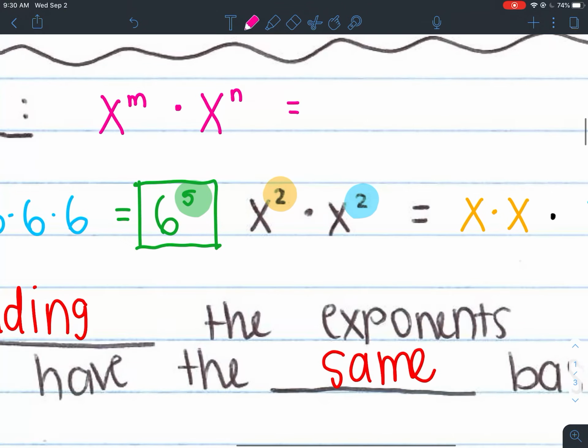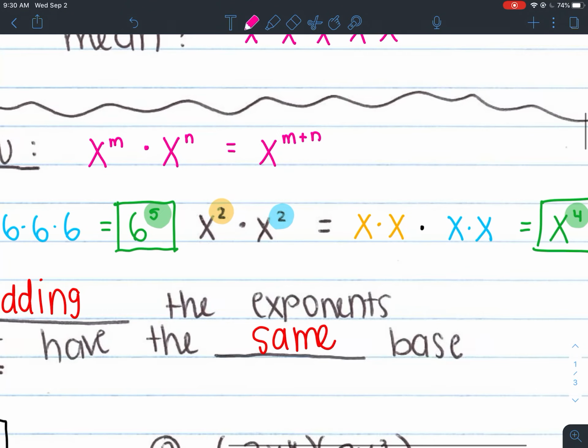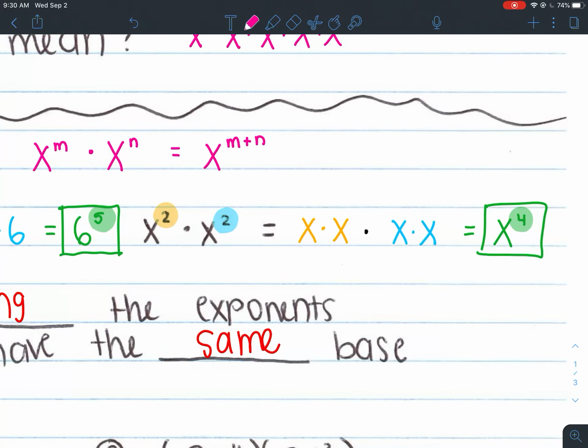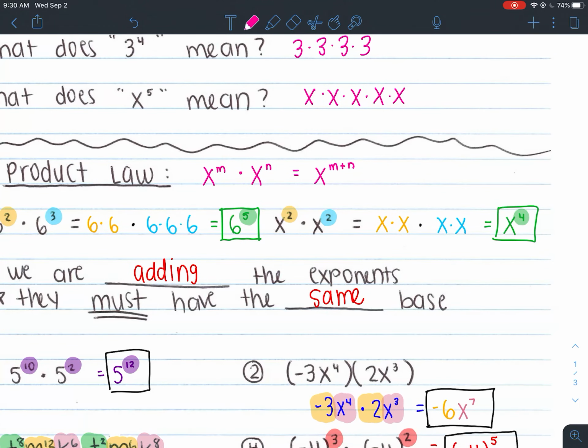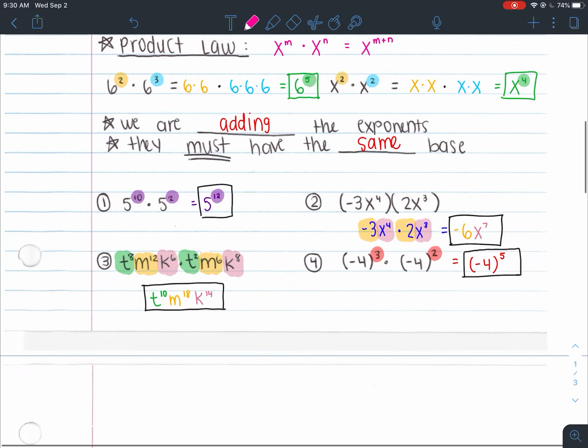I add them. So if I have x to the m times x to the n, then I would have x to the m plus n, whatever that sum is. So that would be the formula for product law. Okay? If I have one base being multiplied to another base, I can just add their exponents. So whatever m and n are, I would add those.